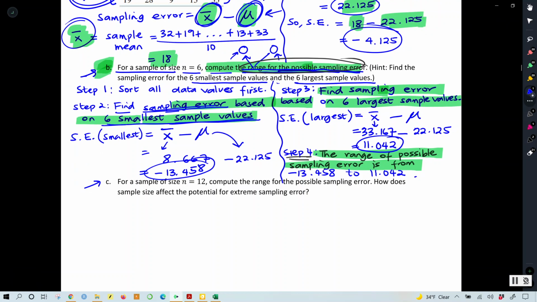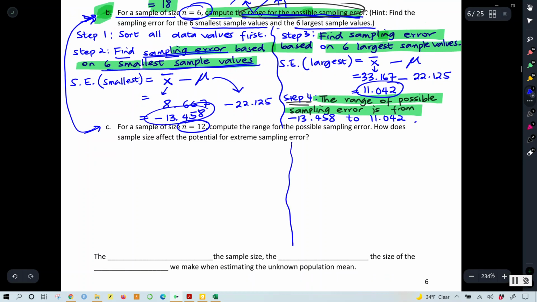In question C, we have a very similar question to question B, except for the sample size. We're only changing the sample size from 6 to 12. So we're going to follow similar steps to what we did in part B. We don't need to write it all out in full. Step 1 is to sort the data values, which we have done earlier.